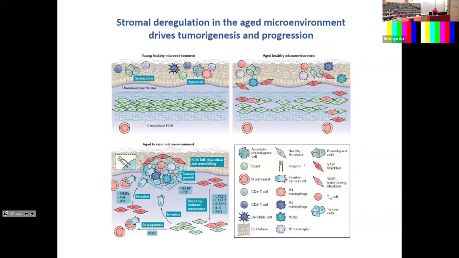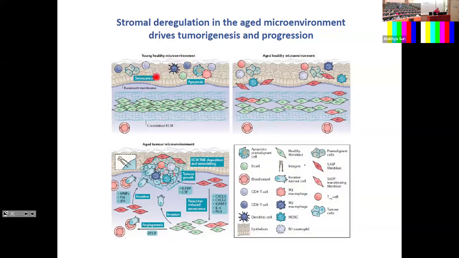This is an example from another paper that I talked about, on the dysregulation that happens in the stroma, or what they call stromal, which is the connective tissue, and what happens with the aged microenvironment. You have many molecules that are no longer normal in that microenvironment, so they could drive tumorigenesis and progression. Let's see this picture where you have a healthy microenvironment, right?